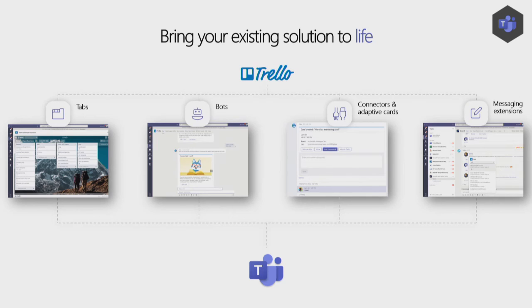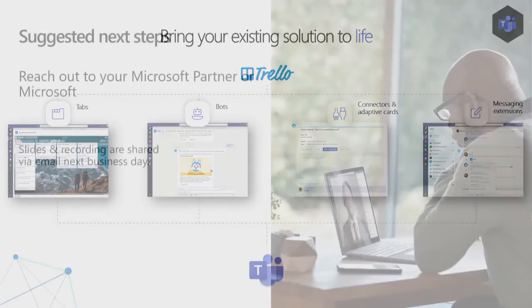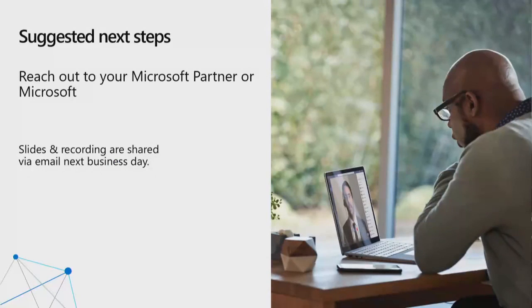It makes use of the stuff that you already have, connects it to the business, and makes it functional in everyday life within Teams, where people are already working. So if you want to get in touch and do more, you saw that both Patrick and Fabian shared their details. You can contact them directly. If not, contact me, or your regular Microsoft contact.